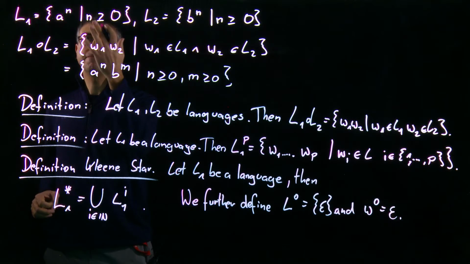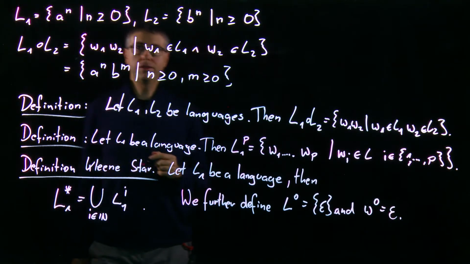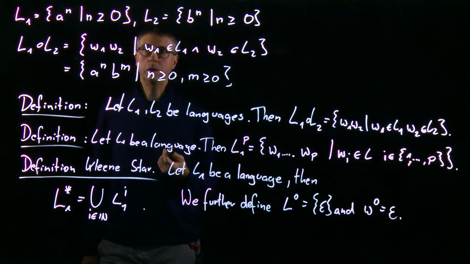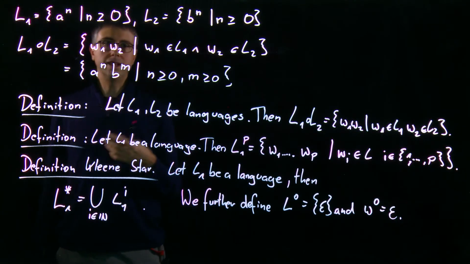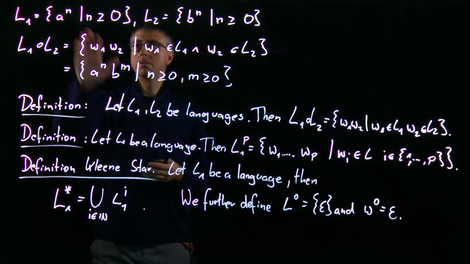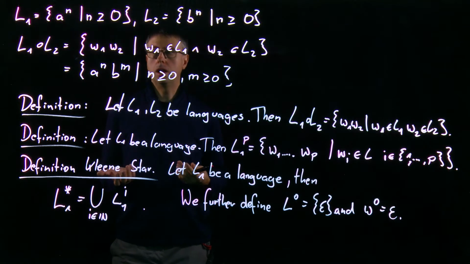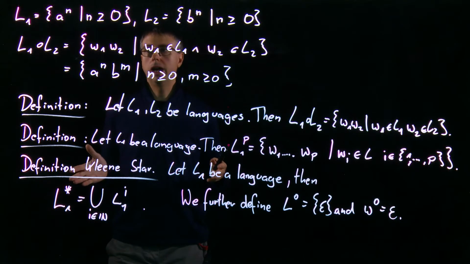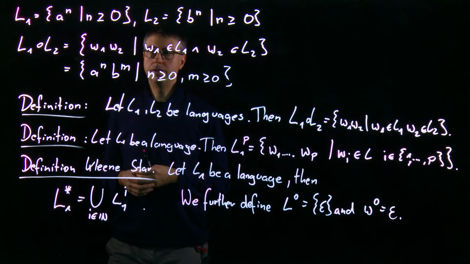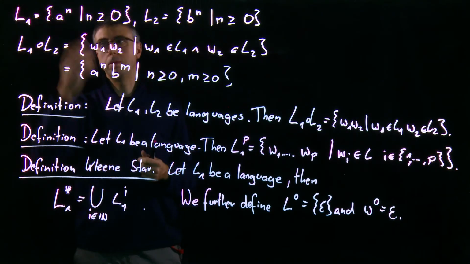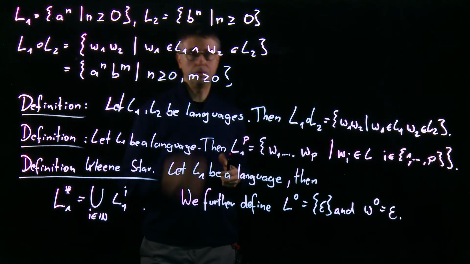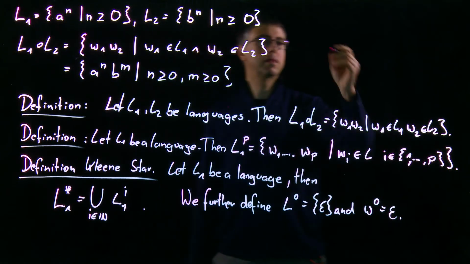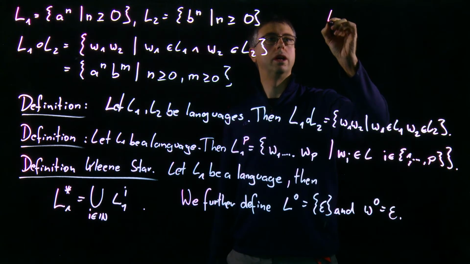So if we take the language L1, for example, and compute the Kleene star for this language, we'll see that actually nothing changes, because in L1 we have an arbitrary number of a's just concatenated. And if we do this iteratively, nothing changes. So it would be boring to look at this language. Same for b. So let's consider another language, for example the language L3.